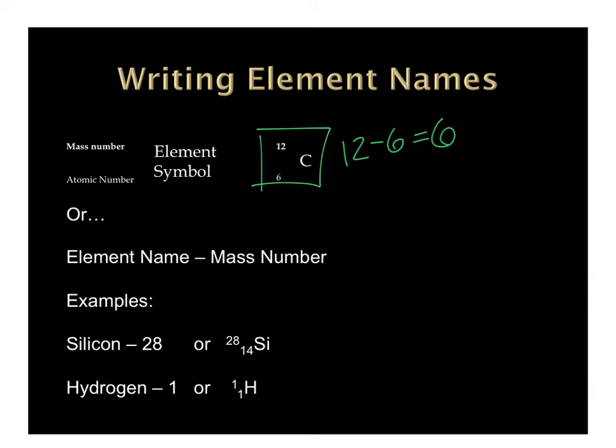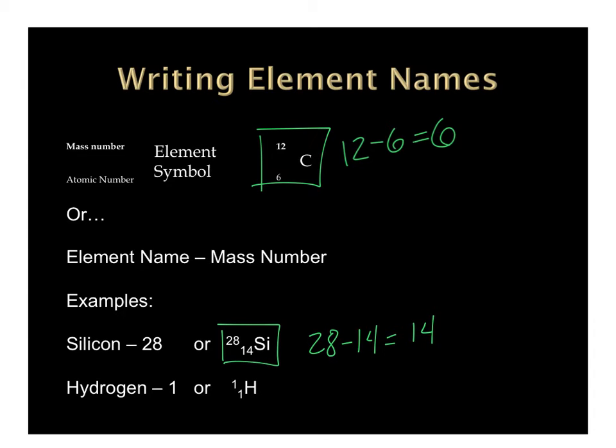Below you have it written in a slightly different way, where you have the element name and then the mass number. So silicon 28. Silicon from our periodic table has an atomic number of 14, so we can write it in the symbol form. Or we know that if we take 28 and we subtract 14, we would get 14 neutrons in this case.